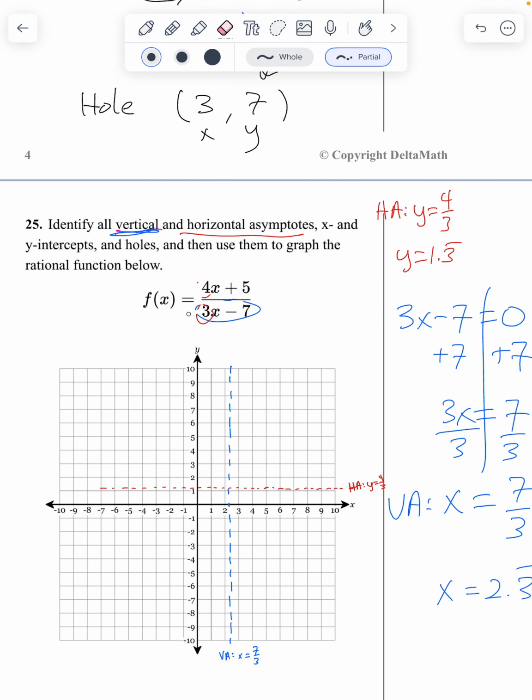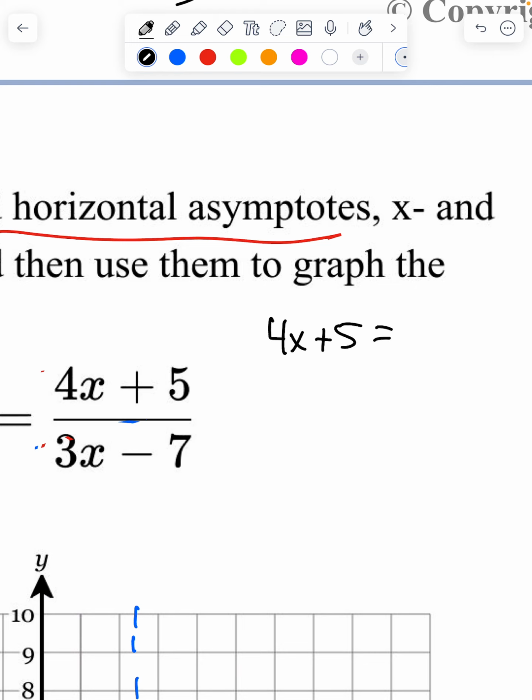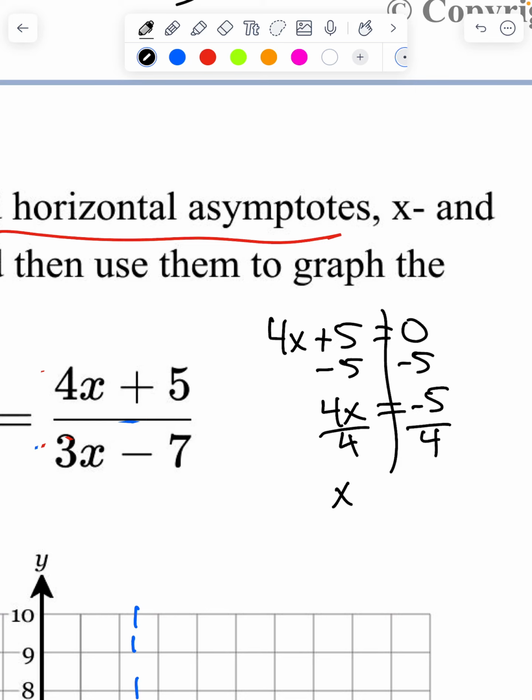So then the next part says x and y intercepts. To find the x-intercept, it should be what makes the top equal to 0, as long as nothing cancels out. So I can definitely do that. I'm just going to do 4x plus 5 equals 0. Solve for x. Minus 5, minus 5. 4x equals negative 5. Divide by 4. x equals negative 5/4.